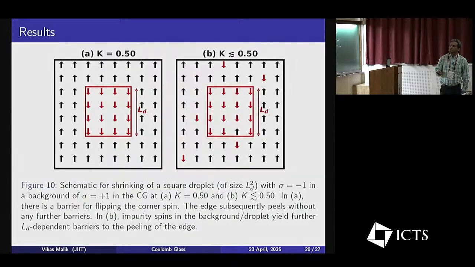Now, the next thing which we did was, we took up a square domain and we tried to basically shrink this. Now, this is a famous paper by Shore et al., in which he actually used this simulation to show that you can predict the correct growth laws by just finding out the time it needs to shrink a square domain for 2D and a cubic domain for 3D.